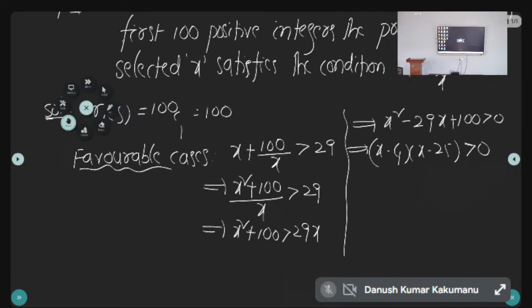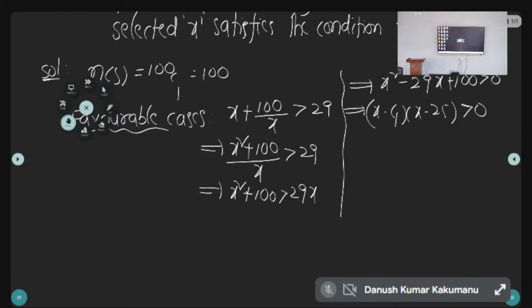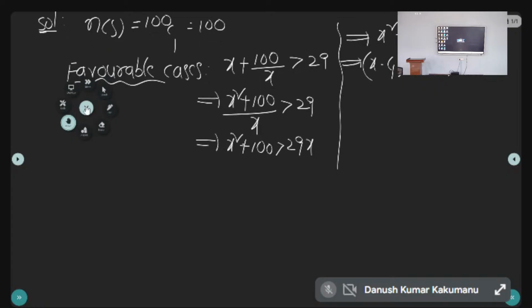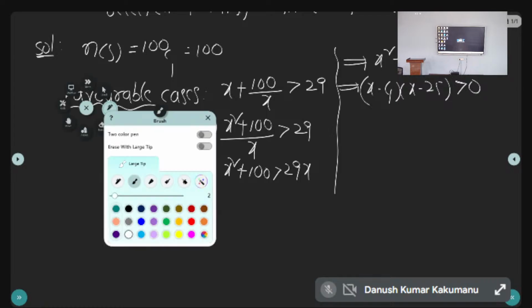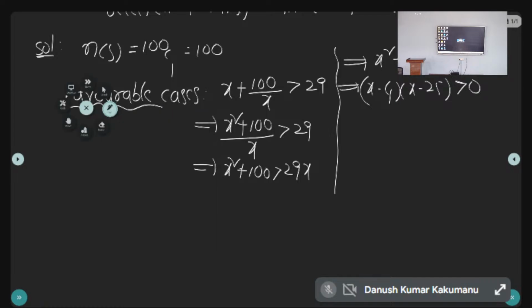See, product of two terms greater than 0 means two cases. Case 1. What is case 1? Product of two terms greater than 0 means either both may be positive or both may be negative.